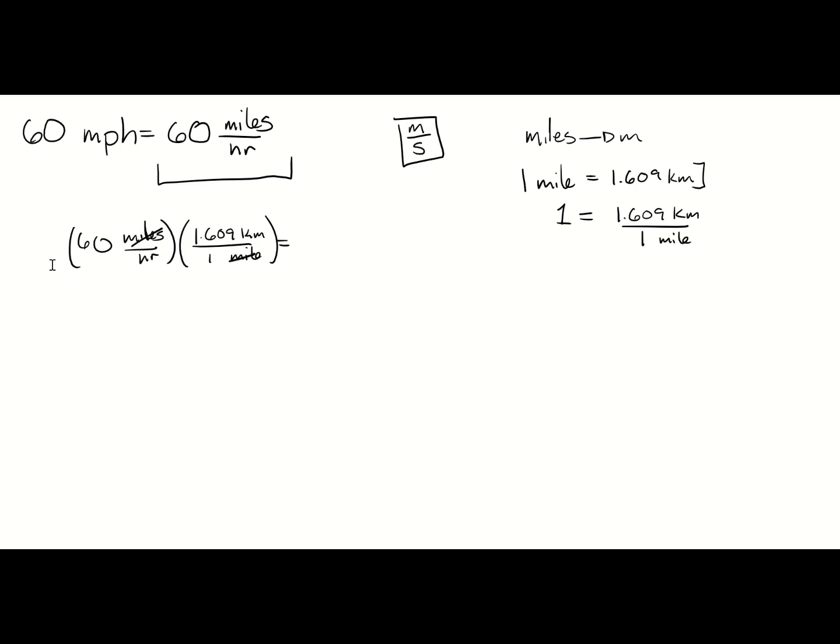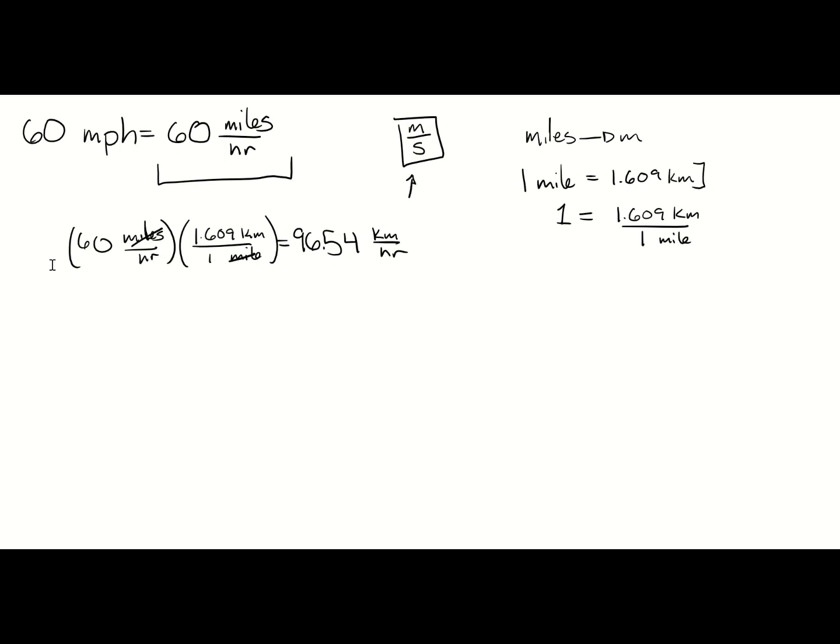And if I do that, this means that 60 miles per hour is equivalent to 96.54 kilometers per hour, right?